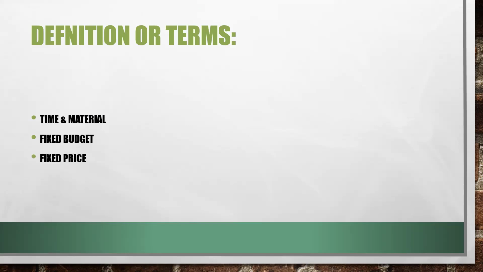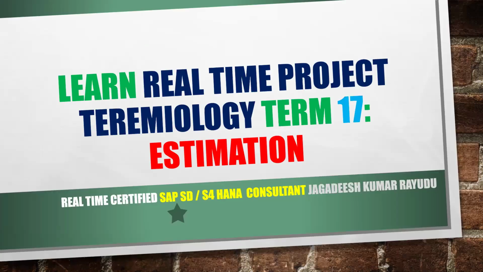The fixed budget might vary because of currency conversion and those things, but fixed price means whatever they agreed on for the time, that is the thing. The most popular ones in the software industry for estimations are time and material and fixed budget.